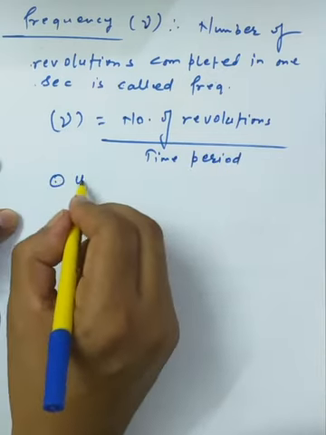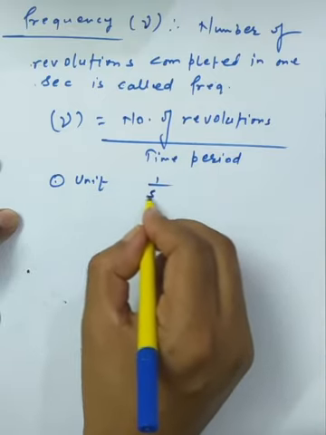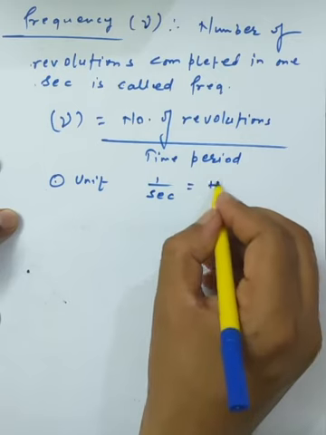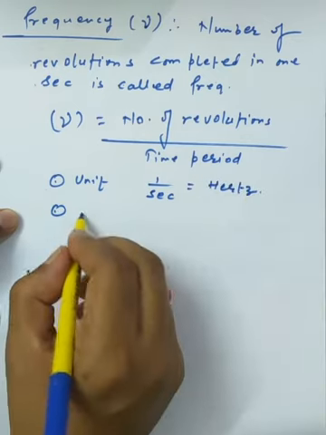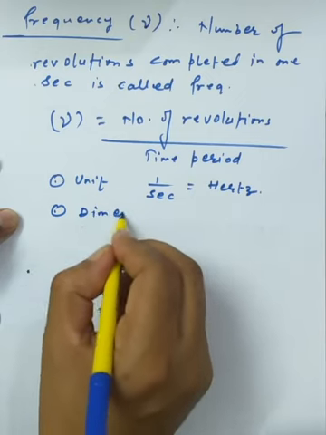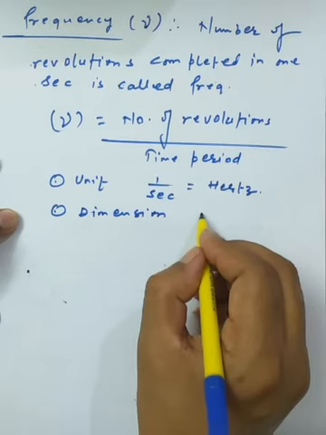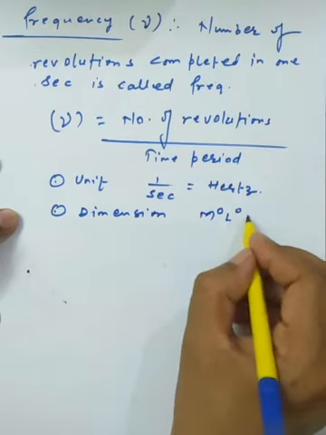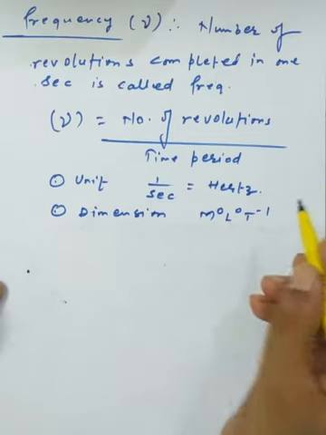The possible unit of this physical quantity is 1 upon second, and 1 upon second is generally called the hertz. Okay, now the dimension is M^0 L^0 T^-1. So this is the general representation of the frequency we have.